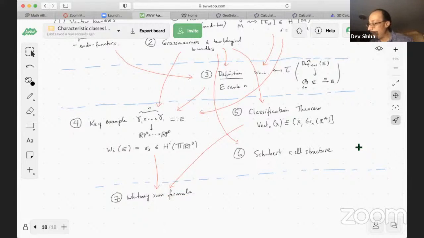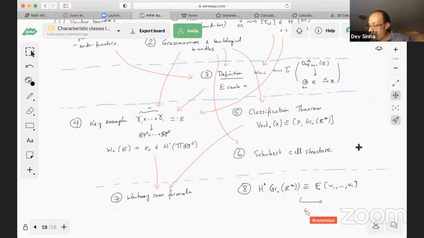actually, sorry, we do need the Schubert cell structure indirectly because, now that I think about it, we use injectivity of the map from the Grassmannian to a product of projective spaces.